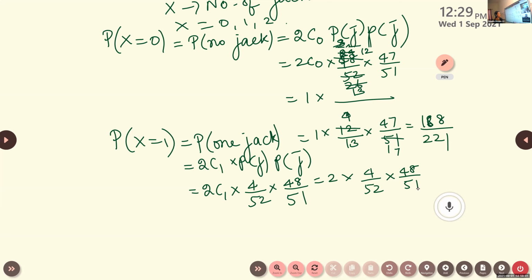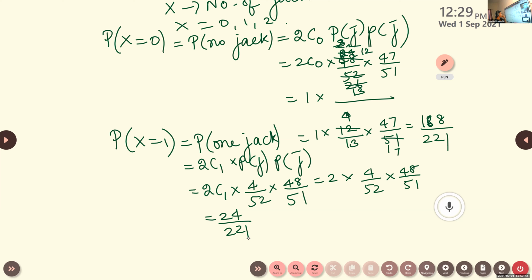What is the answer, children? When you simplify this, what will you get? 24 by 221. Is it 24 by 221? No, ma'am, I think I made a mistake.